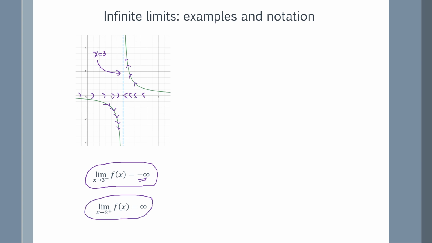We say the right limit, so the limit of f of x as x goes to 3 from the right, hence that plus sign, is positive infinity. Again, infinity is not a number. This is just a way for us to identify the behavior of our function. So that is your first example of infinite limits.